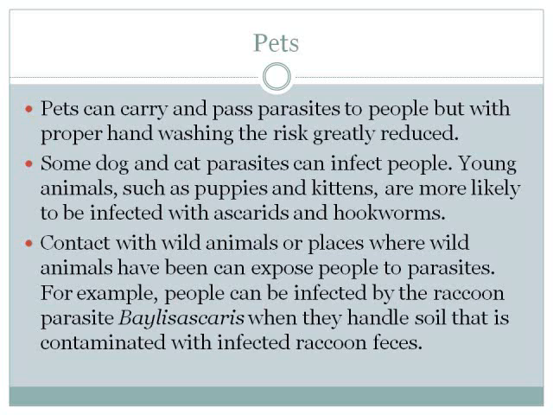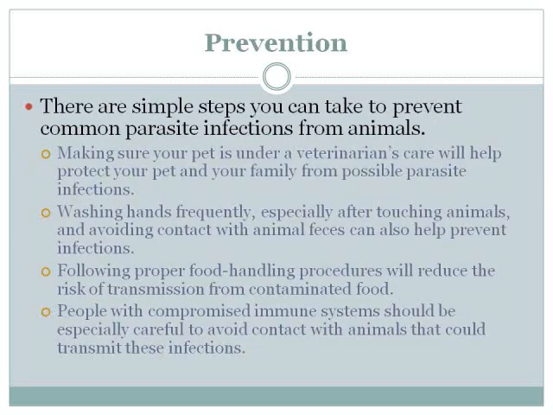How do you prevent those zoonotic diseases? Simple advice is to make sure your pet is under vet care and not going through a parasitic infection. Then make sure you wash your hands, especially after touching animals, avoid contact with animal feces, and so on and so forth.